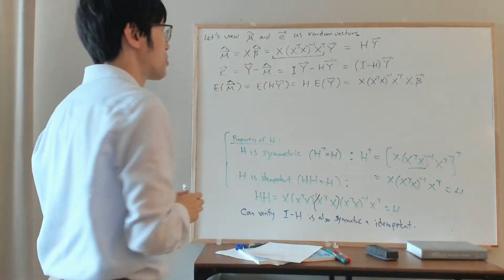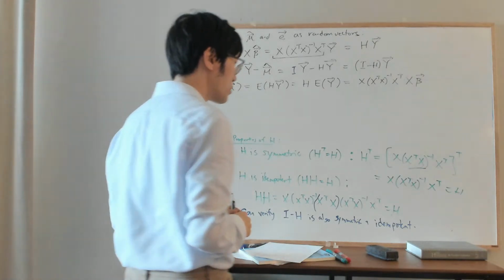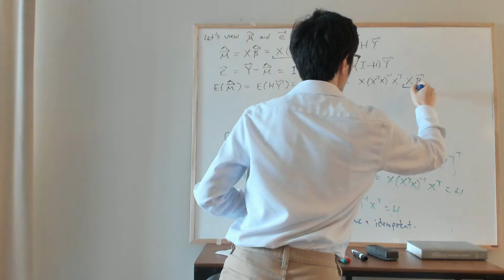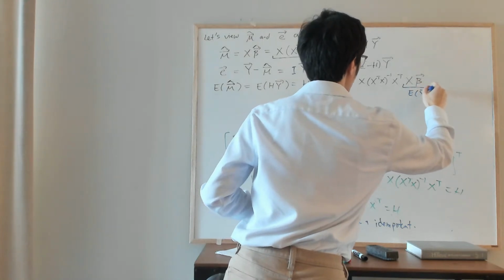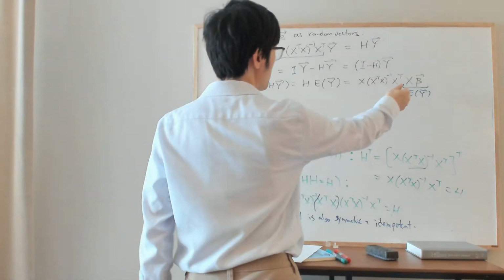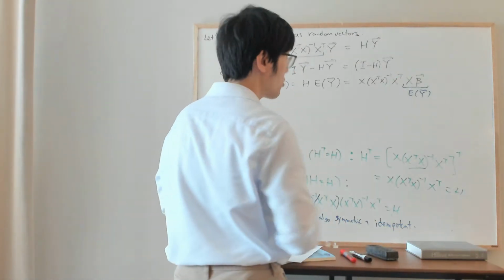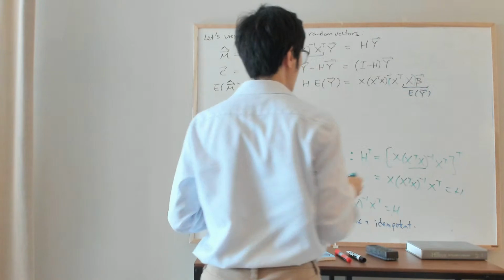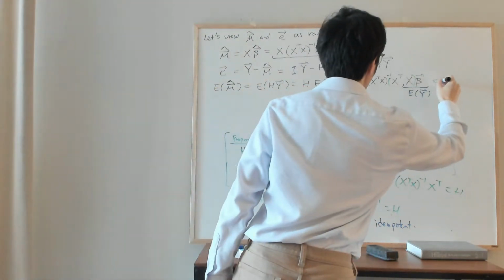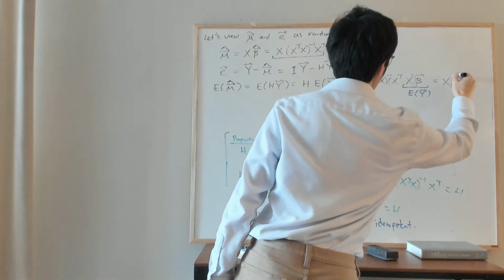That's our multiple linear regression model. So this X transpose X cancels, and this simplifies to X beta.